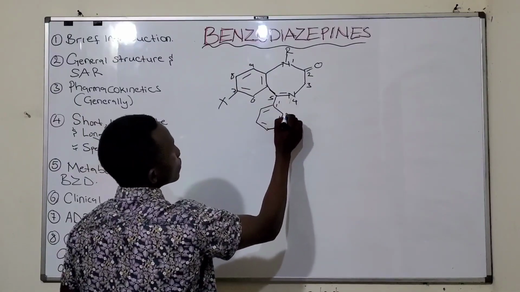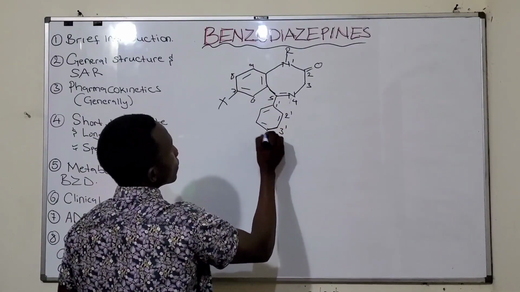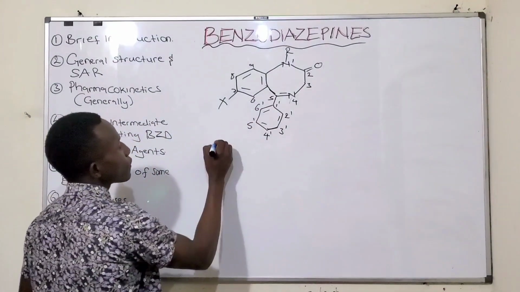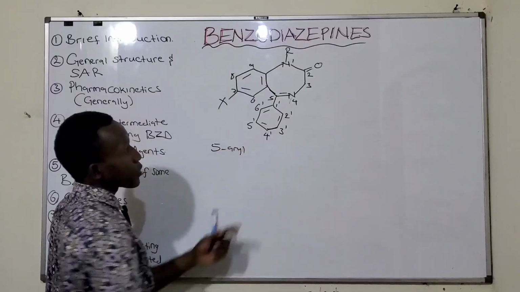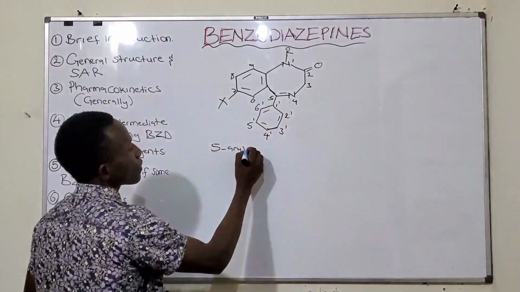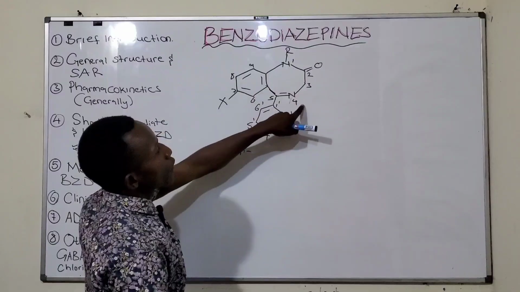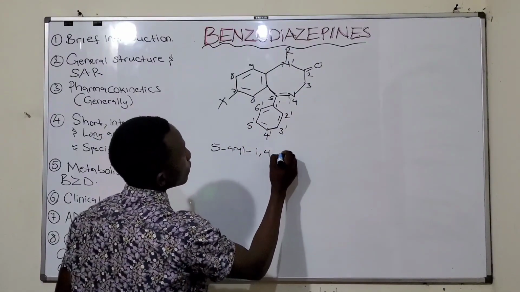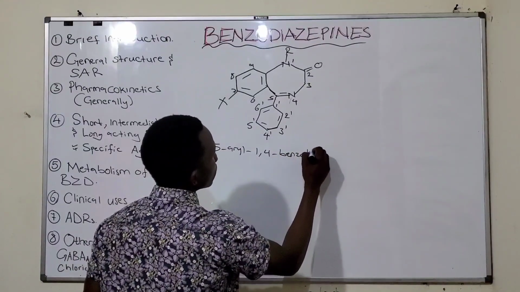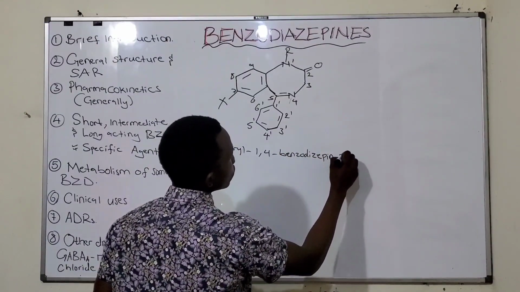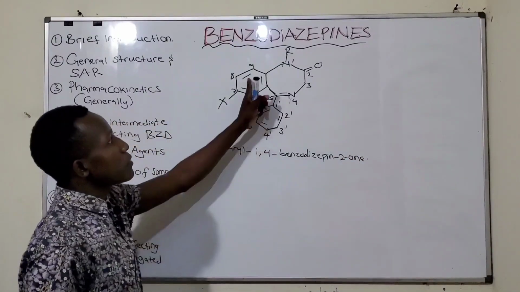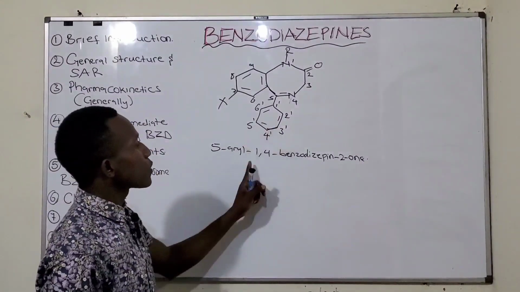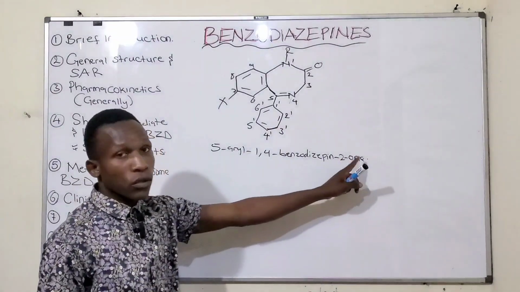This one will be 1 prime, 2 prime, 3 prime, 4 prime, 5 prime, and 6 prime. This structure is called 5-aryl. At position 5, you have the aryl group. Then at positions 1 and 4, we have nitrogen atoms. At position 2, you have a keto group. So it is 5-aryl-1,4-benzodiazepin-2-one.